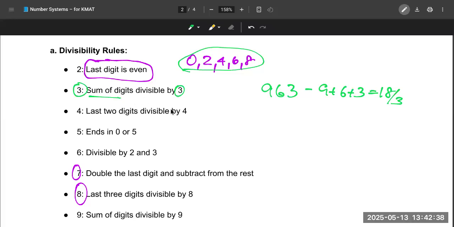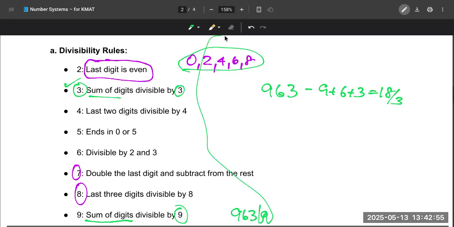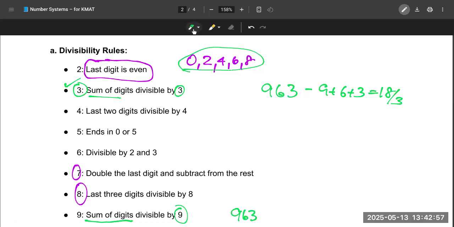If the sum is divisible by 9, then the number is divisible by 9. So the number 963 is divisible by 9, because 18 is divisible by 9.